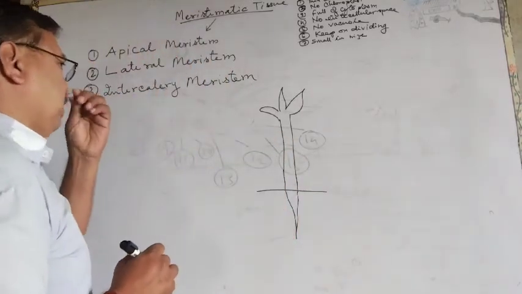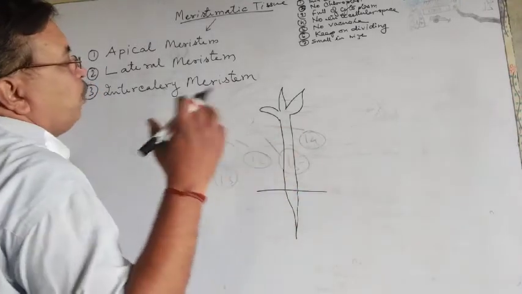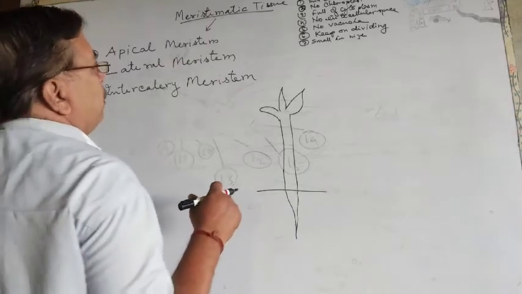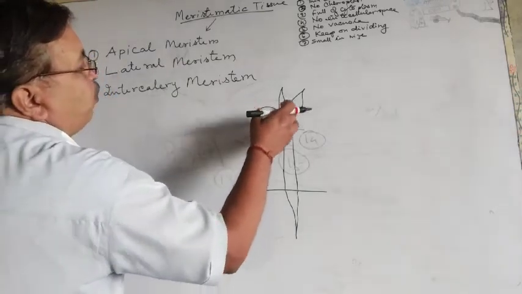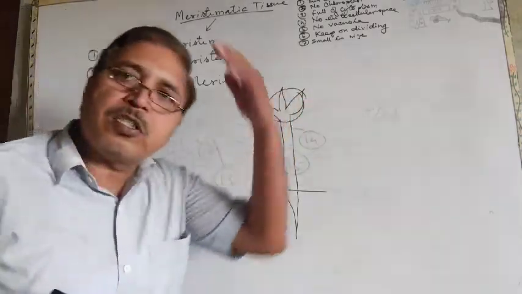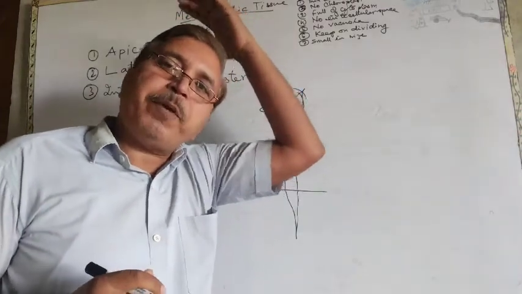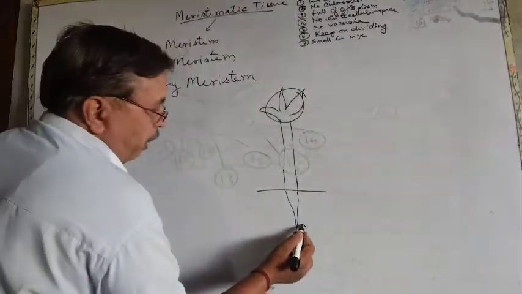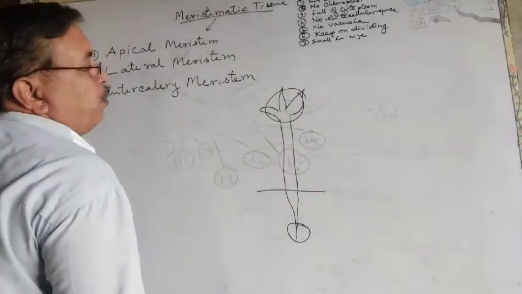If this is a plant, I have told you while telling you the parts of the plant in the previous class, this is the apical region, this top head, the upper head, the apex, and this is the lower head. This is the upper extreme and this is the lower extreme.